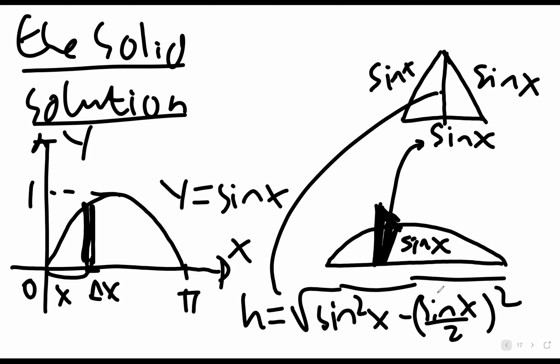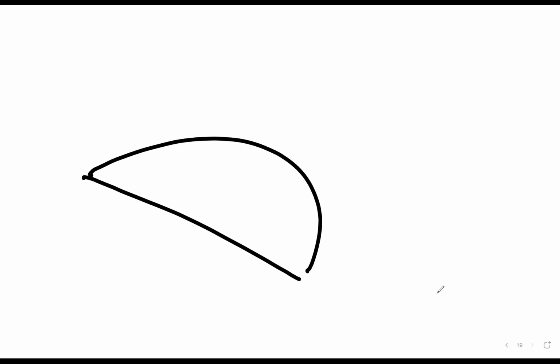By the Pythagorean formula. This one is sine x over 2. Also, we're taking sine x to be the length of the side of the equilateral triangle instead of the height of the triangle. Yes. Because the height here is the height of the base, but the solid here, I will draw it once again. I will draw it in perspective.